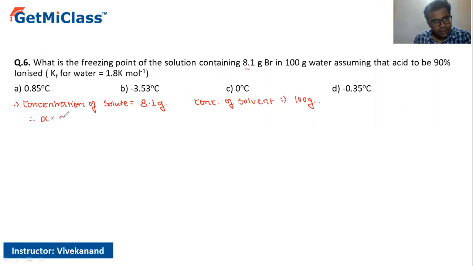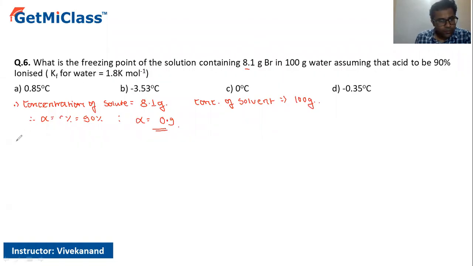Alpha in form of percentage is 90%, while alpha value, we can take it as 0.9. That is the degree of dissociation, and the alpha value will be 0.9.